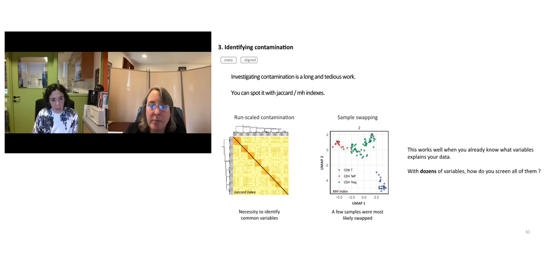Finally, just to come back to contamination. We already talked about index hopping, which you can see here in a very nice representation. We can also, through these samples, because if you are sorting cells or if you have a way to identify your groups of samples, eventually see whether you swapped some samples. That could happen when you do your library preparation. The problem is that when you have many parameters that can be responsible for your contamination, how would you do that?